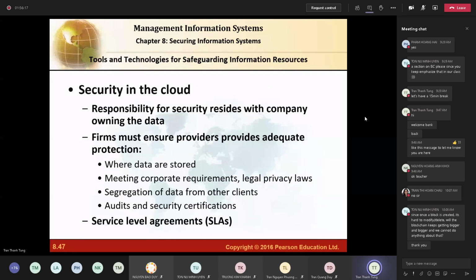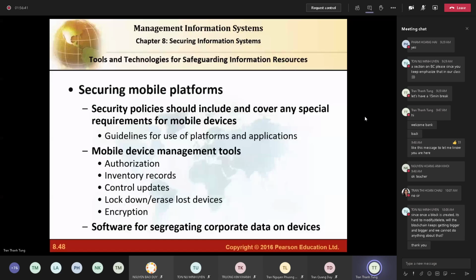Or they can ensure that your data is encrypted in a special way that no one except your company can access it. That is the service level agreement. Or they say if they have a problem, they can have a technician help you fix it or handle it in 6 hours or 8 hours. So that is a service level agreement. Okay.